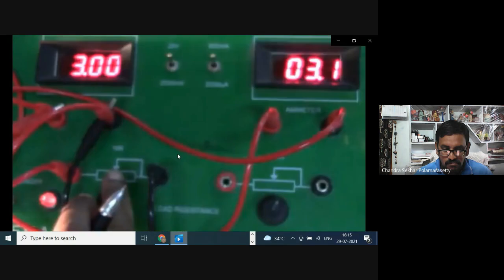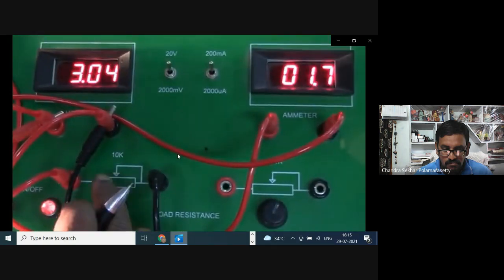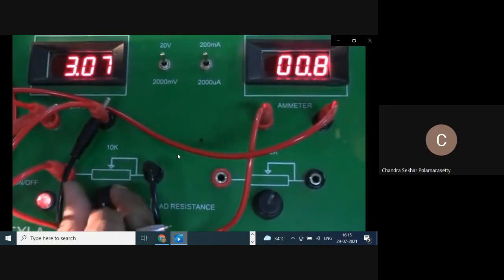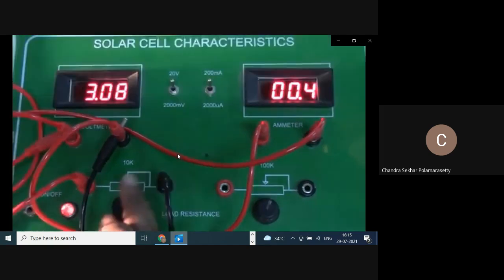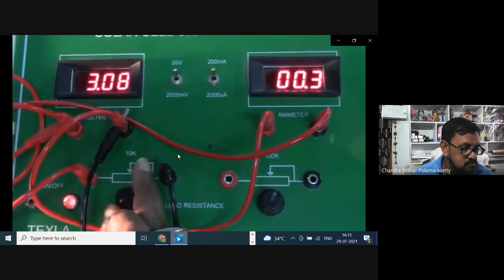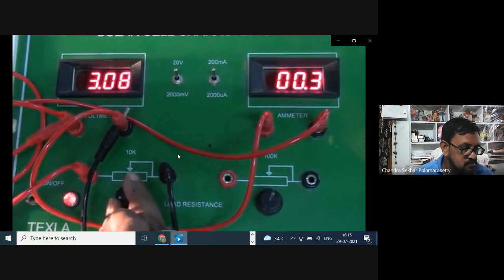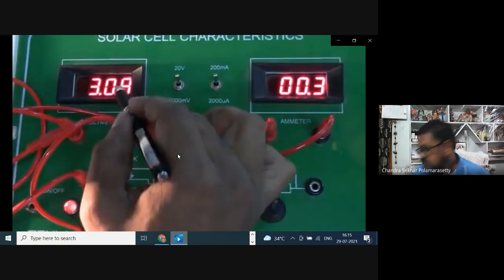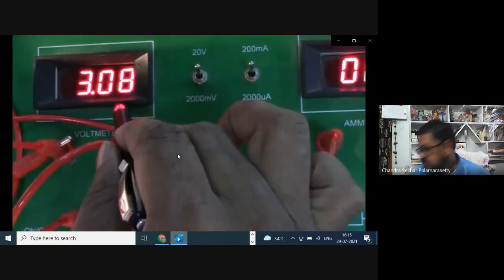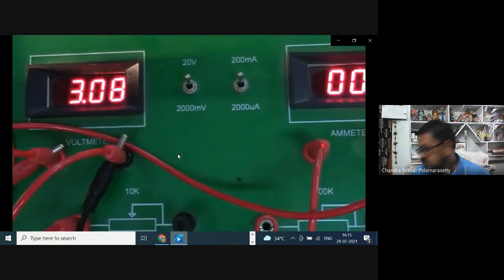Now adjust the resistance, which means you increase the resistance so that the current decreases and correspondingly the voltage increases in this circuit. Yes, I adjusted the load resistance in such a way that the voltage value in the circuit is 1.0 volts. The corresponding current is 14.2 milliamperes.